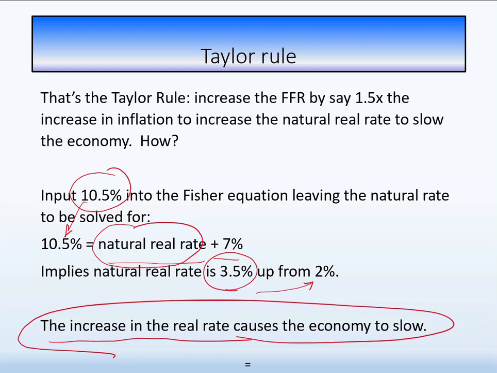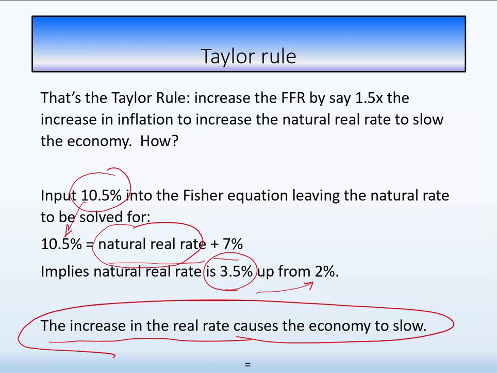So what you should realize from this discussion is that when we talk about the Fed changing the Fed funds rate up, say, to slow the economy, or down to grow the economy, implicit in our discussion is that yes, the Fed funds rate did go up or down, but underneath it, the real rate has to change. The real rate has to be changing in order for the economy to grow or contract.